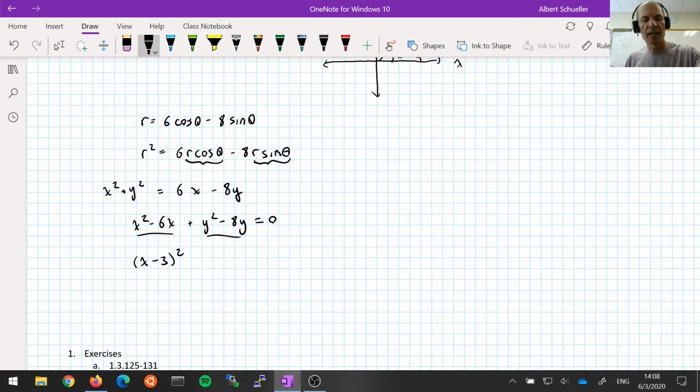I've introduced a plus 9 here, so I better get rid of it in order to preserve the equality. Similarly, y minus 4 quantity squared, squared out, y squared minus 8y plus 16. So I've introduced an extra term of 16 here. I better get rid of it if I want to preserve the equality. Now take the 9 and the 16, move them over to the right-hand side.